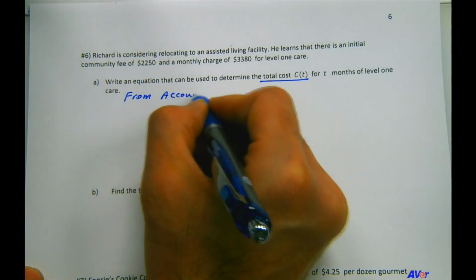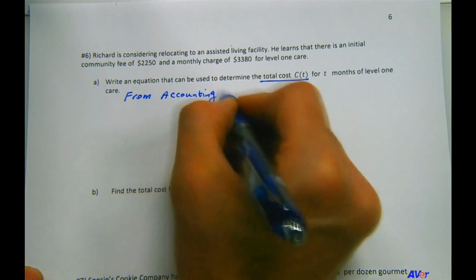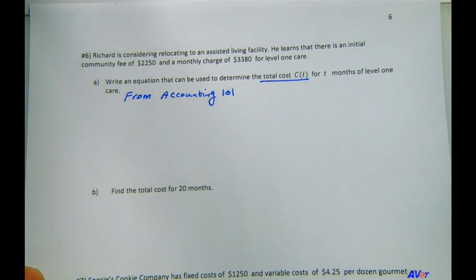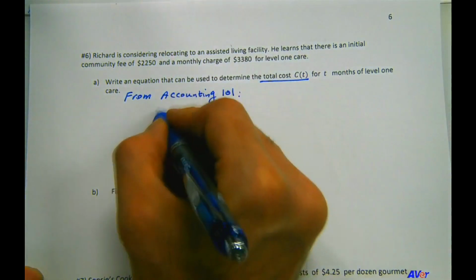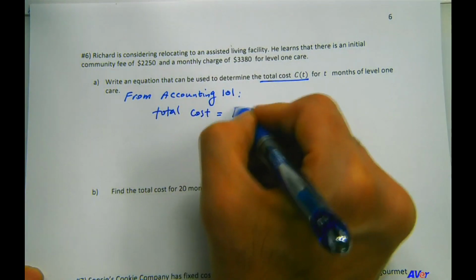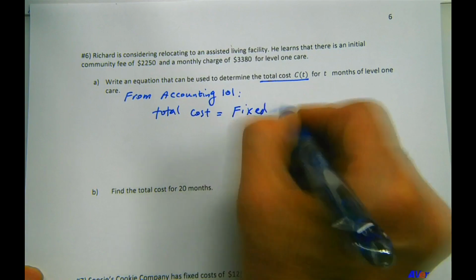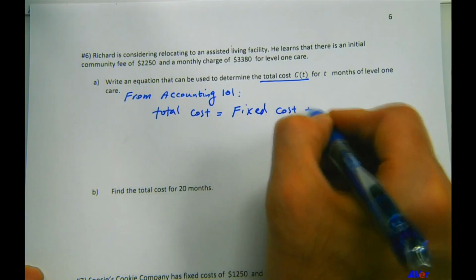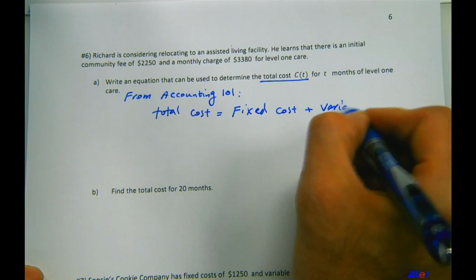From Accounting 101, total cost is equal to the fixed cost plus the variable cost.